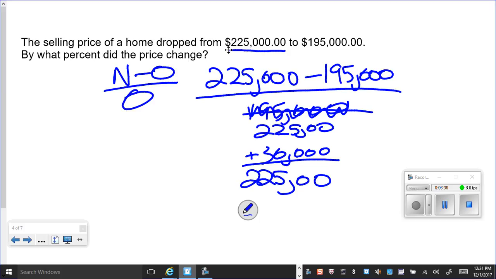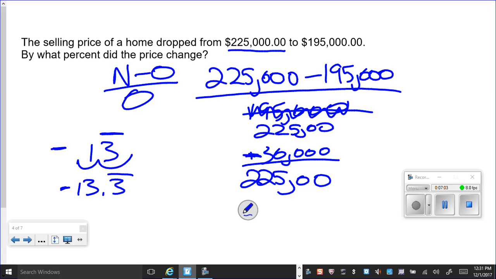And now that's going to give us a decimal of negative 0.13, with a 3 repeating. We have to change this decimal to a percent, so we're going to move it twice to the right, and it's going to give us 13.3 repeating. That should be a negative number as well, right?